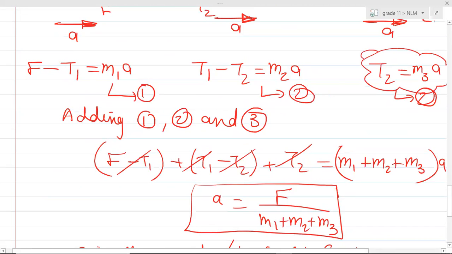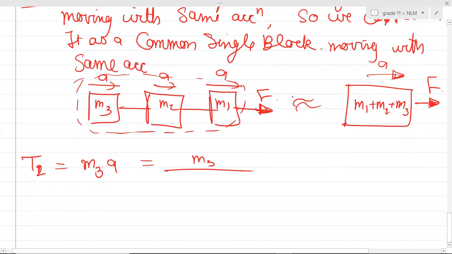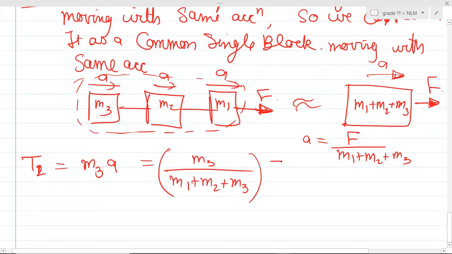So we just put the value of A over here. This will be equal to M3 upon, what is A? A is equal to F upon (M1 plus M2 plus M3). Put it over here, it will become something like this. Will this be the value of your T2? Yes or no, guys? M3 multiplied by A.